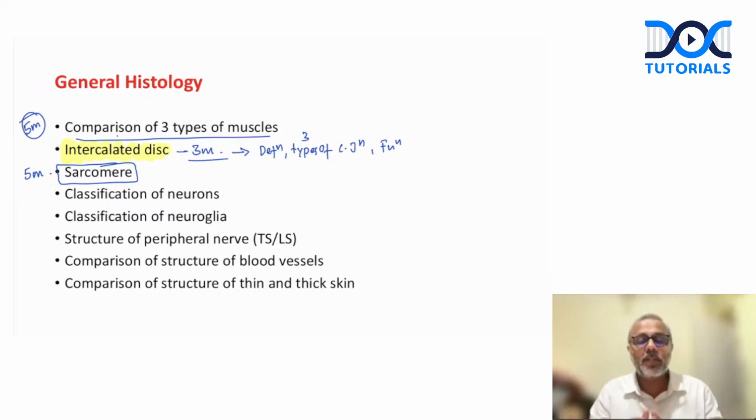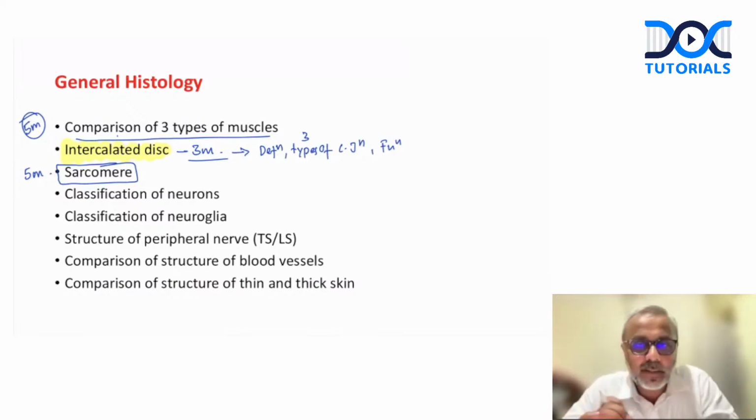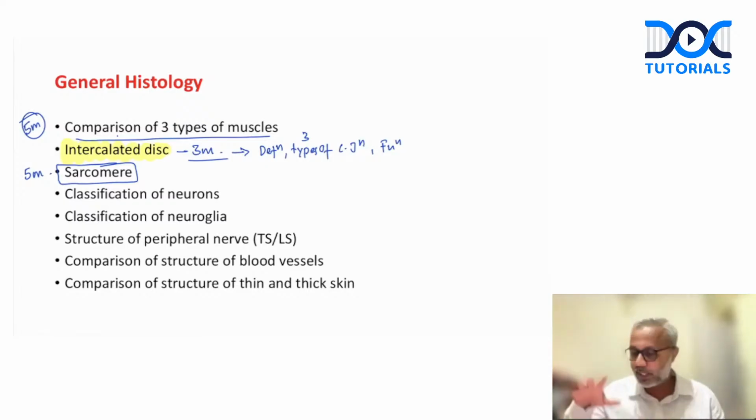You should be able to expand these terminologies in your answer. Right? So sarcomere will be asked even in your practical exam. If you get skeletal muscle, if you get cardiac muscle, the examiner will definitely ask you to draw the diagram of sarcomere on the sheet, even if you have drawn the H&E diagram. Right? So you should be able to write the diagram of sarcomere.